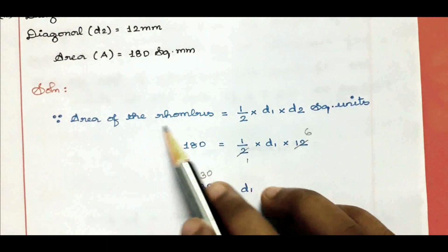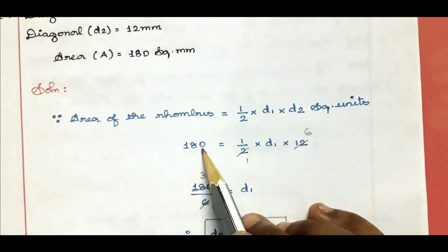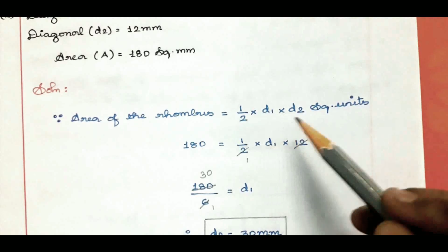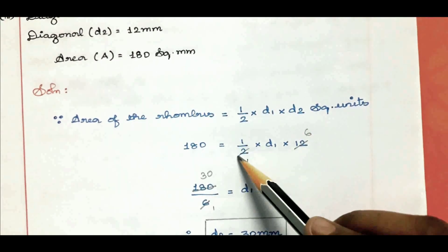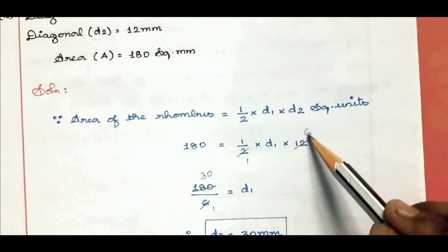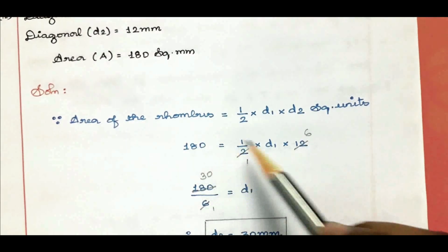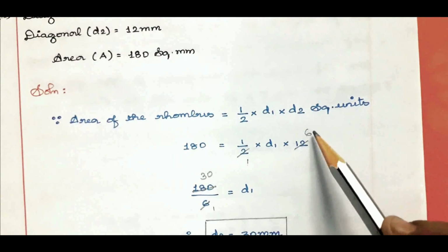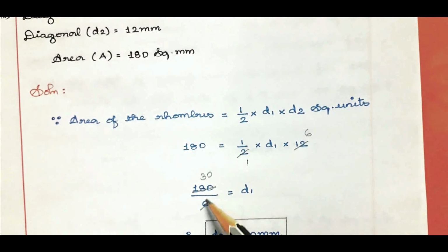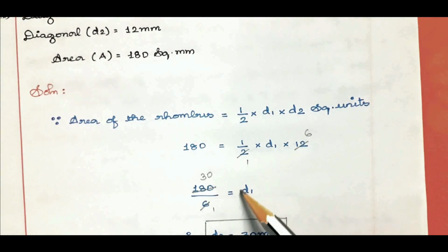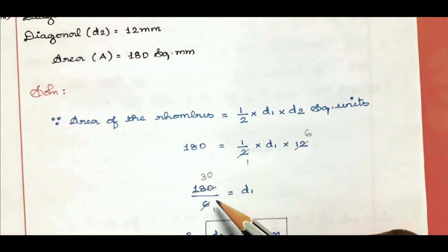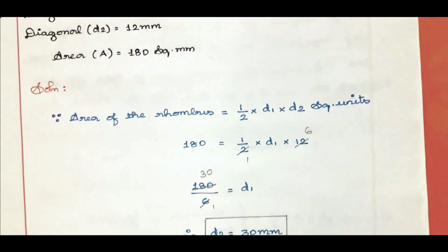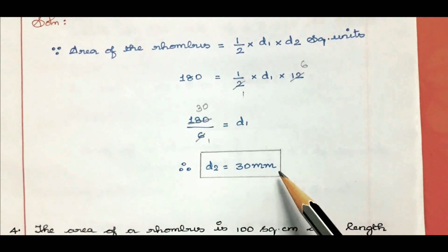Since they have given the area, we substitute it as 180, and half into d1, we don't know, d2 we know as 12, substitute it. So on the right hand side 1 2 is 2, 6 2s are 12. So here 180, and on the right hand side we have 6; take that 6 to the other side, it becomes divided by 6. Okay, 180 divided by 6 is equal to d1. So when you divide, 1 6 is 6, 30 into 6 gives you 180. Therefore d1 is equal to 30 millimeter.